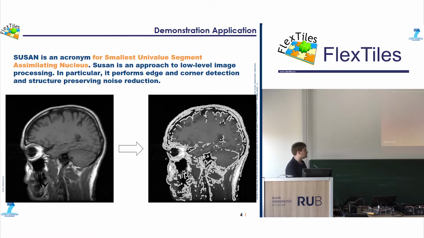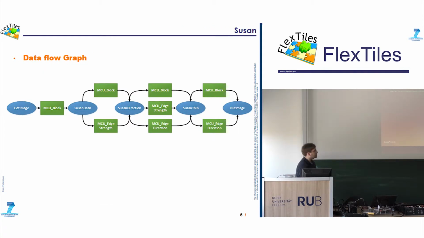This application is quite nice to use as a benchmark, as a demonstrator application, because it's a really nice low-level image processing application. If we take a look at the SUSAN application, you can see it consists of several actors. There's an input and an output, and there are several actors in between that each do their own task.